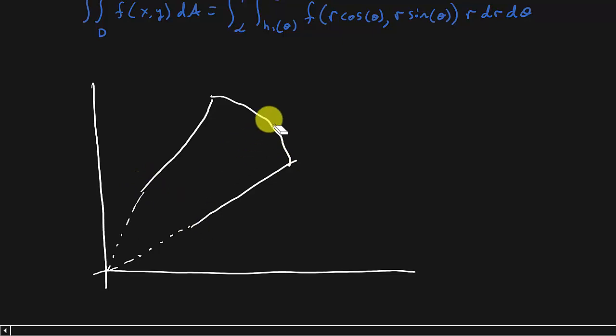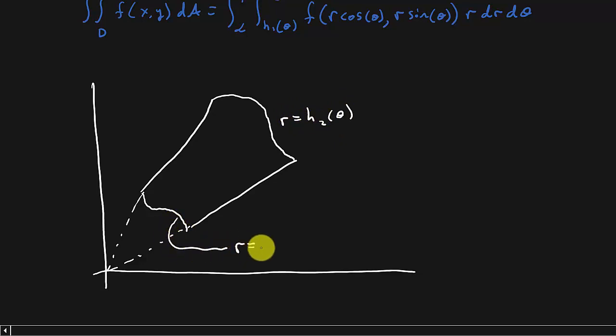Okay, so that's not what I wanted to do. What you have are regions like this. They're curved. So this would be r equals h2(theta), and this would be r equals h1(theta). We got some function here.